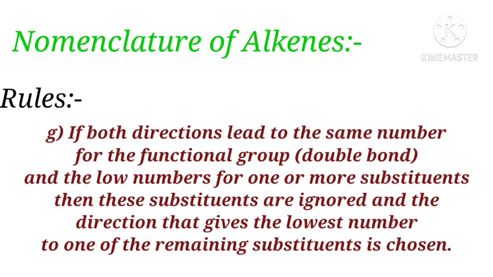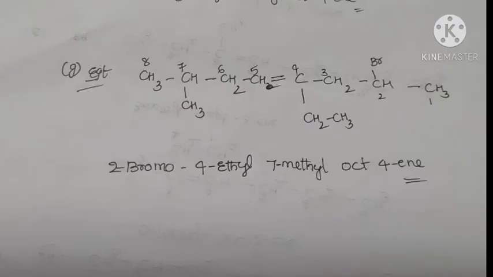And the next point is, if both directions lead to the same number for the functional group, that means the same number of double bonds are present, and the same low numbers for one or more substituents, then these substituents are ignored and the direction that gives the lowest number to one of the remaining substituents is chosen. Like this. The carbon skeleton is like this. We are numbering like here.